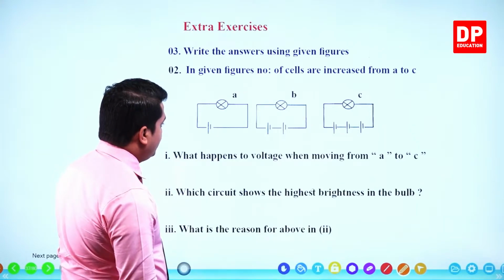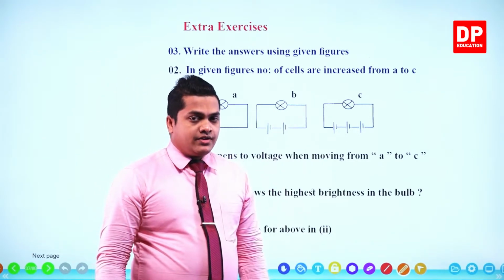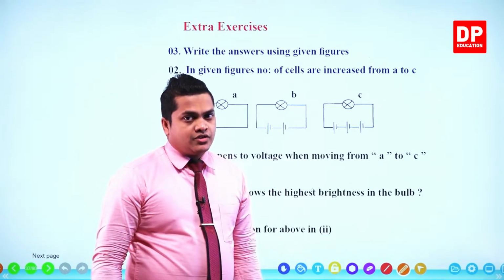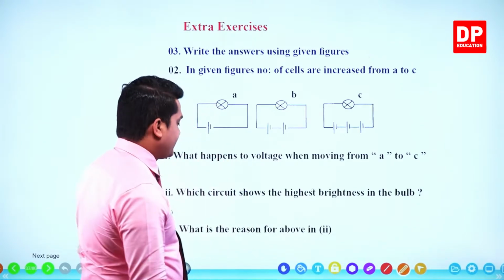So it's quite obvious. From 1 to 2 to 3, if the cell count is getting increased, then so is the potential difference, as they are series connected to each other.